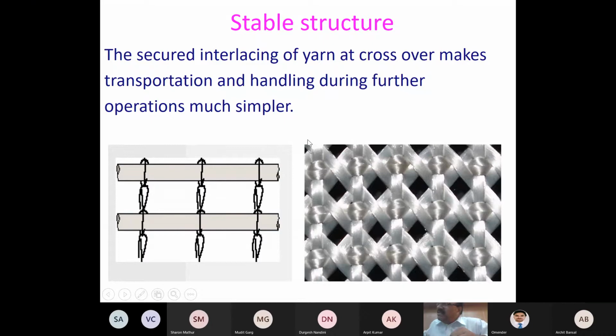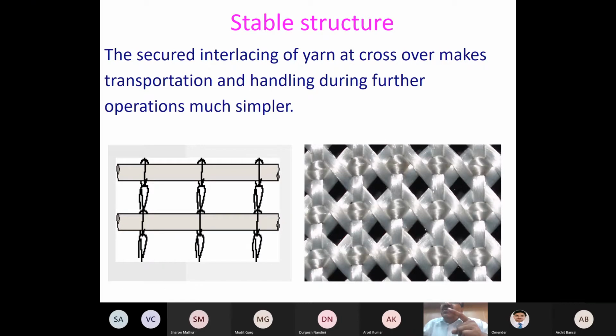So the first point is stable structure, and you can see here how structural stability is obtained. So this is how this 4-thread weaving multi-axial fabric is obtained because of the crisscross thread which you have seen earlier. And after weaving, the fabric looks like this, which gives high shear strength.